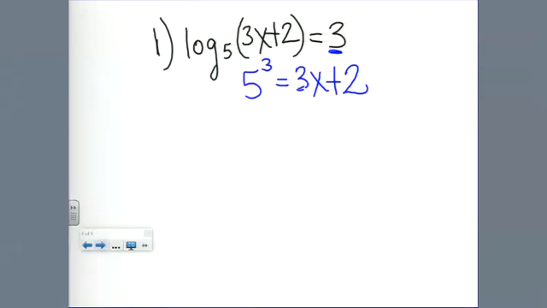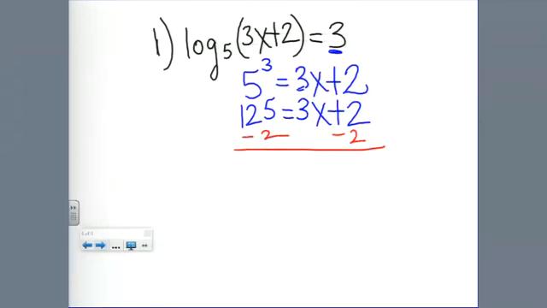Five cubed is 5 times 5 times 5, or just 125. And you're left with a basic linear equation to solve. So subtract 2 from both sides, and that gives us 3x equal to 123.